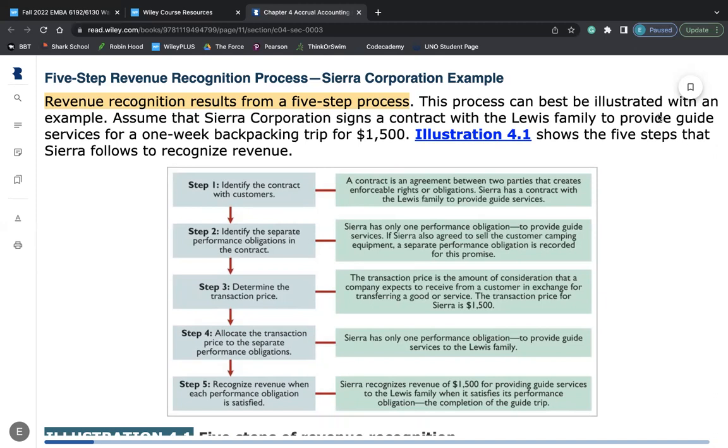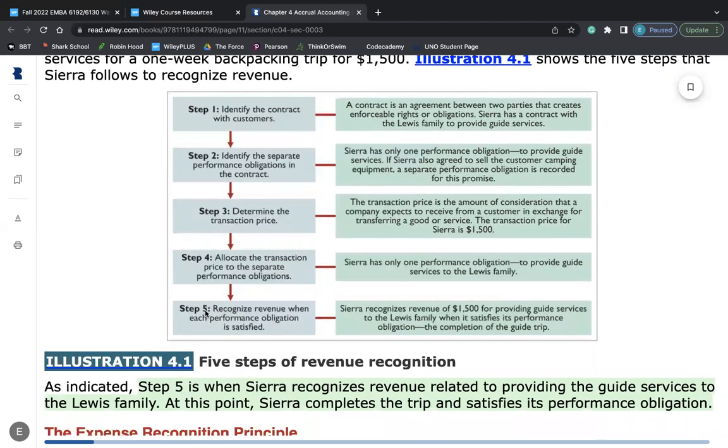All right, step 3, determine the transaction price, self-explanatory. We're going to be working with $1,500 worth of services. Step 4, allocate the transaction price to the separate performance obligations. Sierra only has one performance obligation. Okay, we already said that. Step 5, recognize revenue when each performance obligation is satisfied.